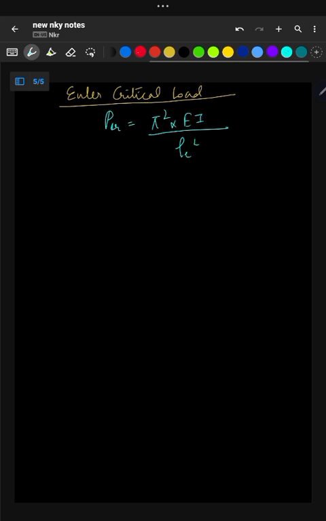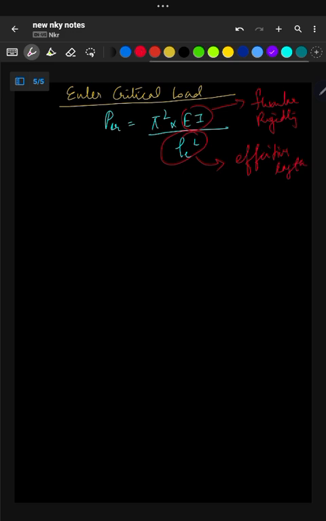Here EI is the flexural rigidity, and LE is the effective length, the length at which load is acting.